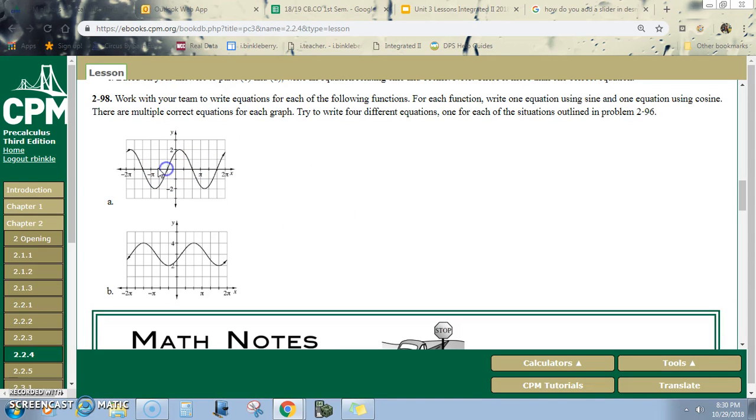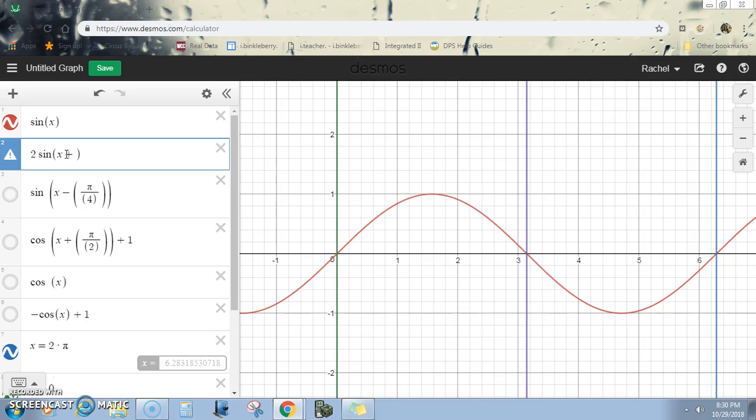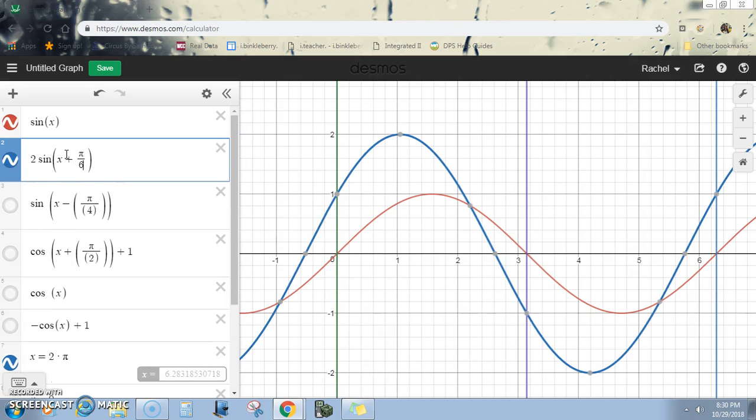One tick mark here would be pi over 6, this would be 2 pi over 6, this would be negative pi. So we want to shift it backwards, pi over 6, or to the left, which means we put plus, actually. And then on Desmos, you just put in pi divided by 6. Okay, and we just shift it back by pi over 6. And then over here it is 5 pi over 6. So we changed the amplitude and we shifted it to the left by pi over 6.